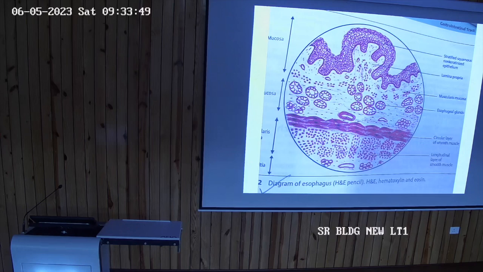Next to this, we come to the part of muscularis externa. Muscularis externa is again two layers of, but before that, see the part, the submucosa is not so clearly shown, only the glands are visible. The thing which I want to tell you, which is not shown here, is the nerve plexus.